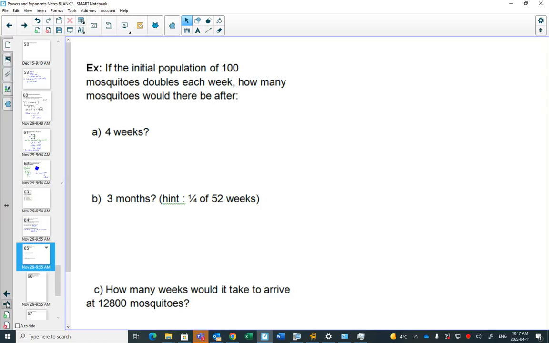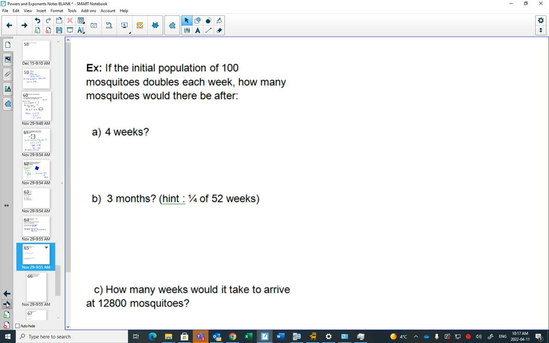So if you're solving these questions and you're a little bit unsure of what there are, make a chart. Time in weeks: week 0. Mosquitoes, how many did we have? 100 of them.